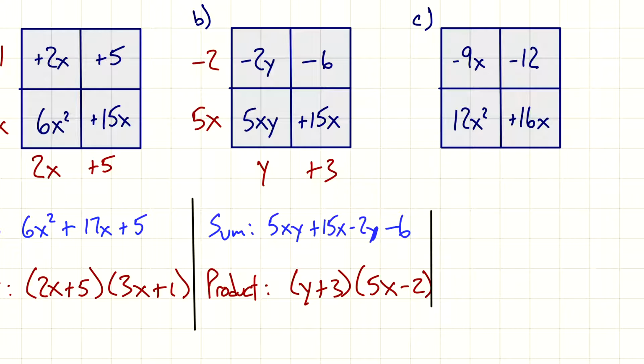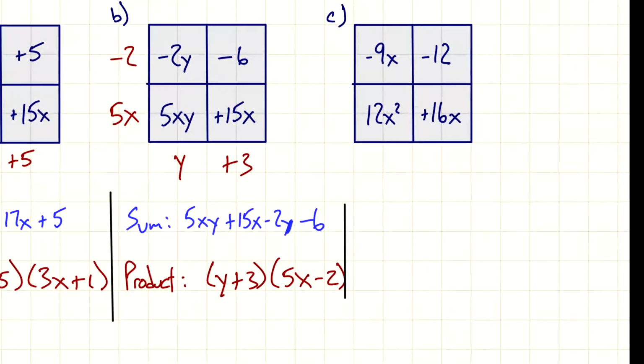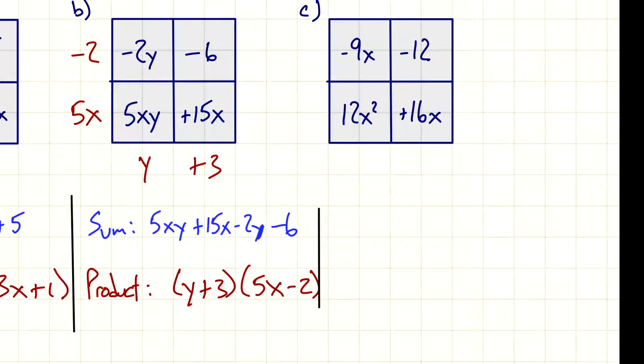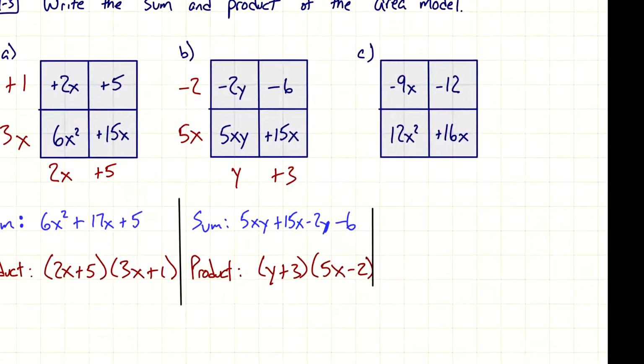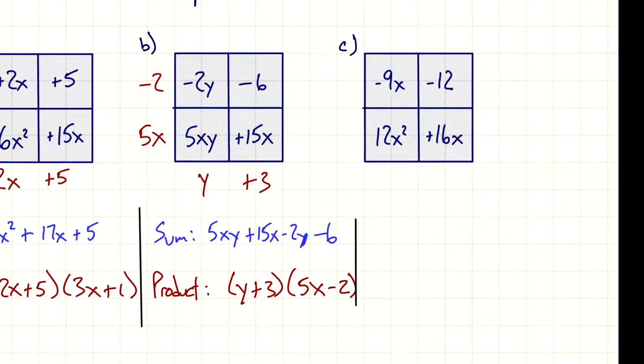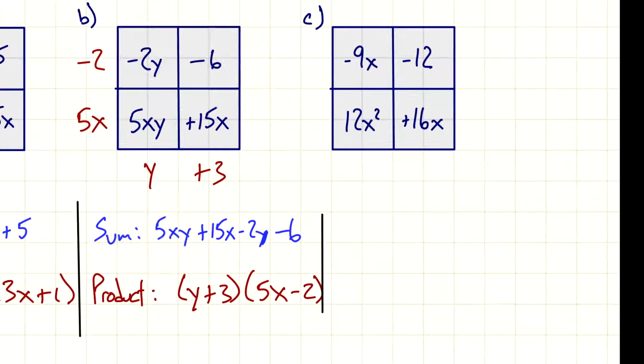And then the last one, let's see if I could squeeze this in. This is kind of similar to the first one. The second one's a little bit different because it had x's and y's. So this last one definitely just has x's. We're going to write out the sum on this one. This is going to be 12x squared.